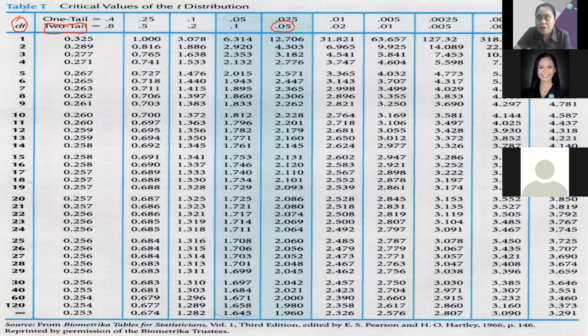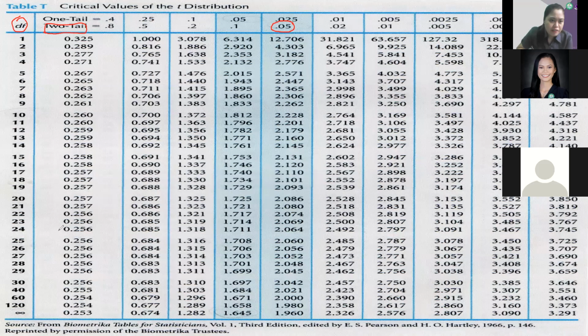If you use the JASP software, you will also see in the table the DF and the T-score. But in manual computation, we use all of them, just to locate the tabular value.